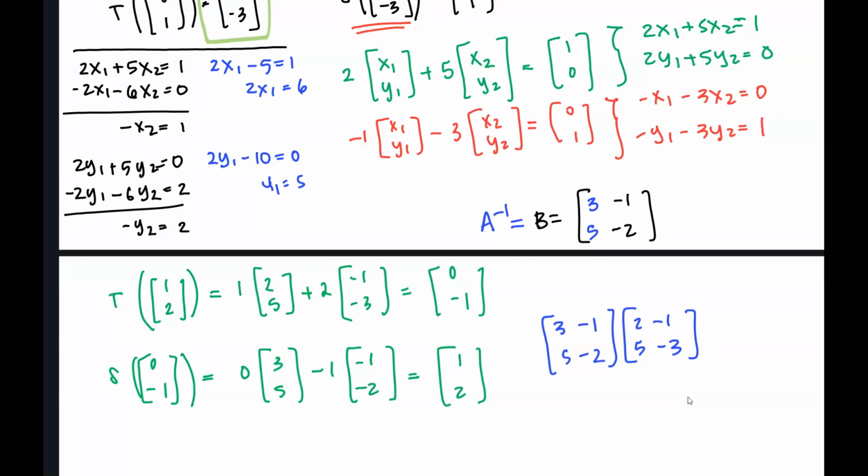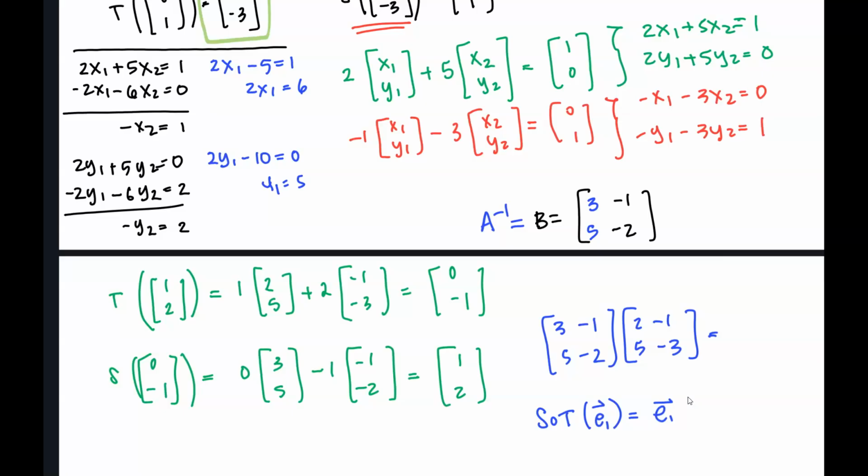And if we do this matrix multiplication, it should give me a transformation that doesn't change anything. And if my transformation doesn't change anything, that should mean that my S of t, this transformation, should have taken a standard basis vector and mapped it right back to the standard basis.